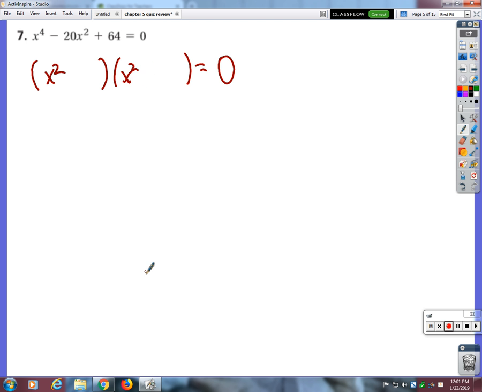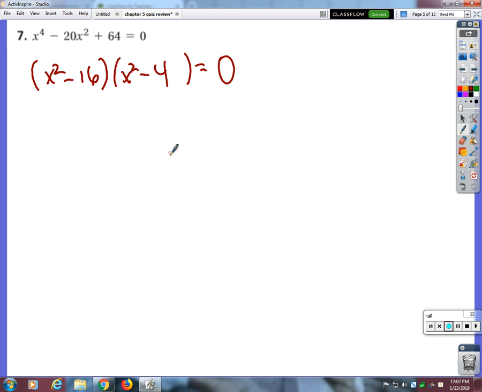And then if I just make that one little change, now I can just try to find two numbers that multiply to be 64 and add to be negative 20, which are, awesome, negative 16 and negative 4. And then you say, wait a minute, I recognize those. Those are two of my favorites.